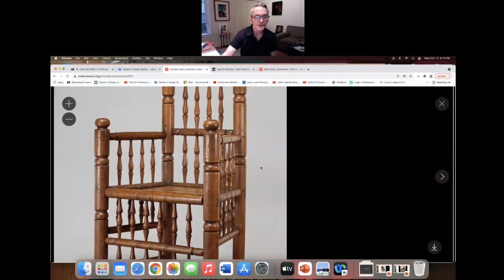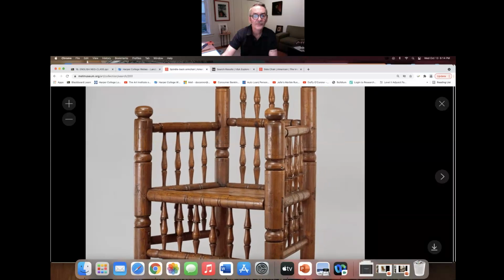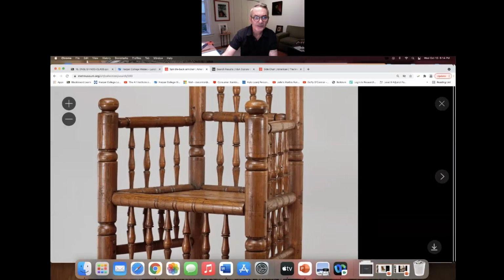All of those are turned on a lathe, which at this time, there are no machines, so it would have been some kind of pedal driven or crank, something with gears to help the lathe to turn. So you get some idea of the detail. And for furniture built in the Americas, a lot of it was built with oak because oak was plentiful and it's also a very hard and durable wood.